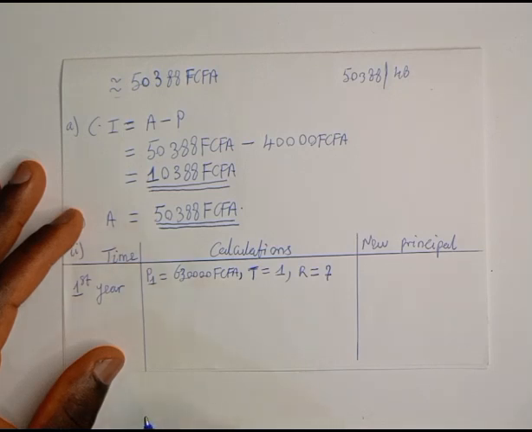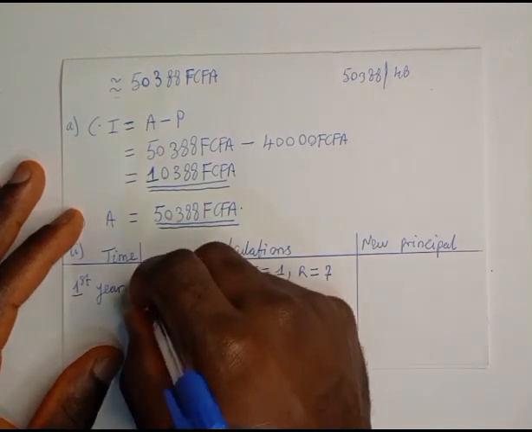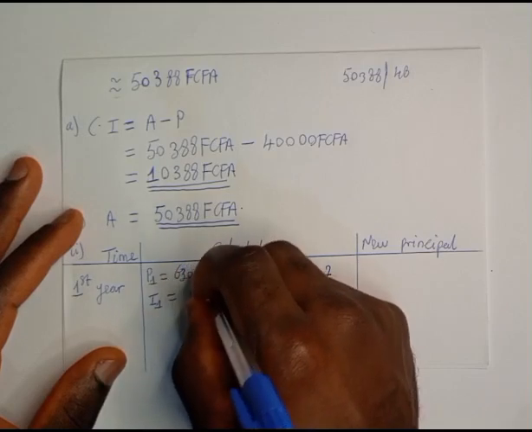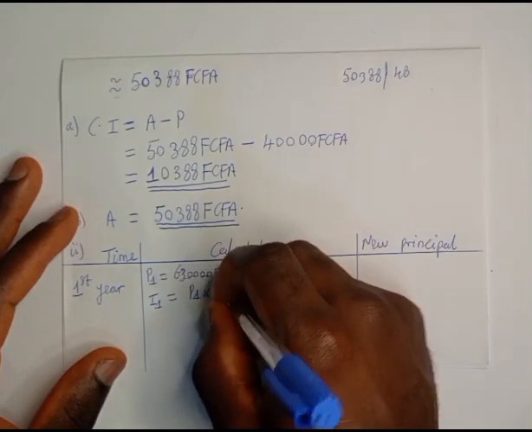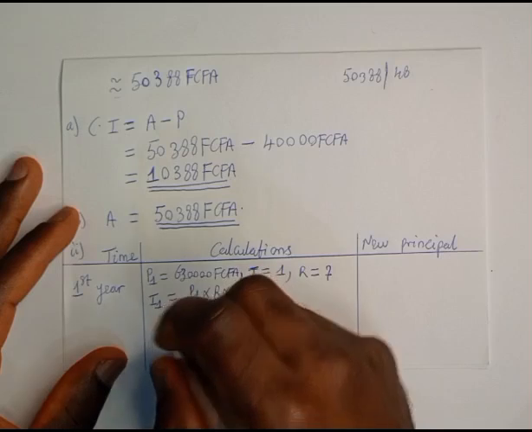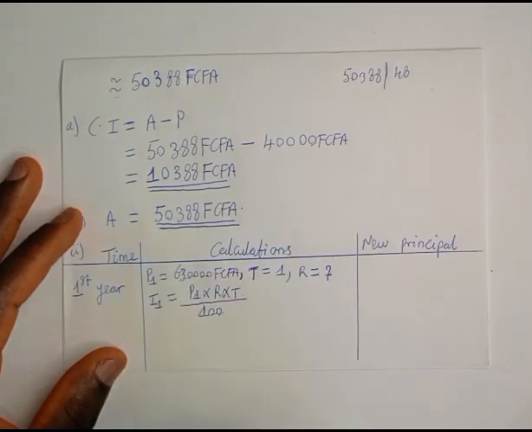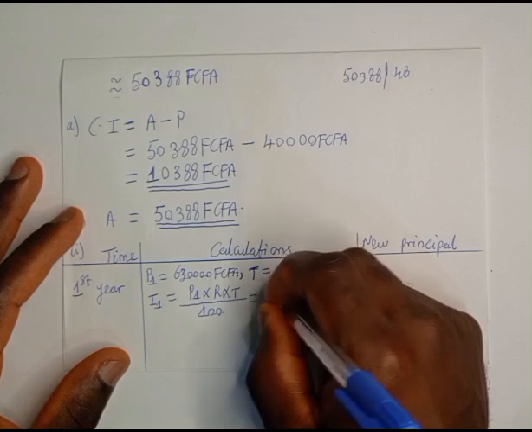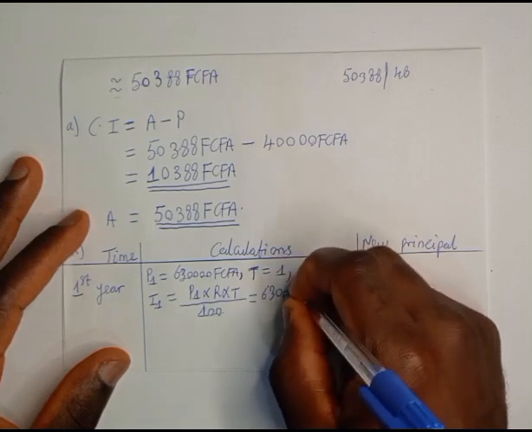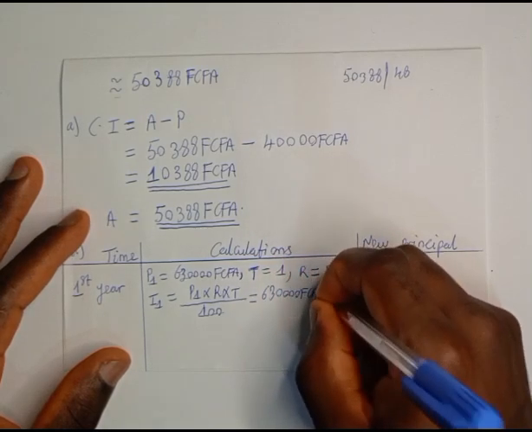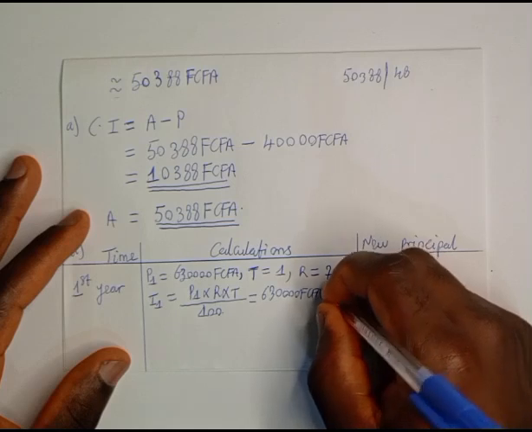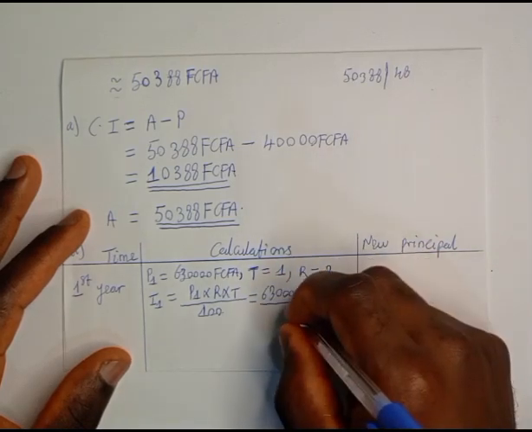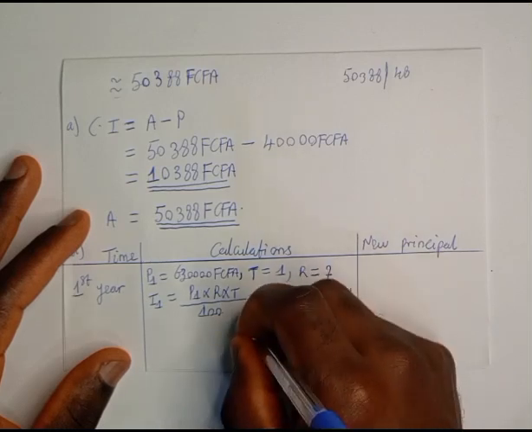Now we can calculate the interest for the first year. I1 is equal to P1 times R times T on 100. And this will simply be equal to P1, which is 630,000 francs CFA, times R, which is 7, times T, which is 1. We divide all this by 100.